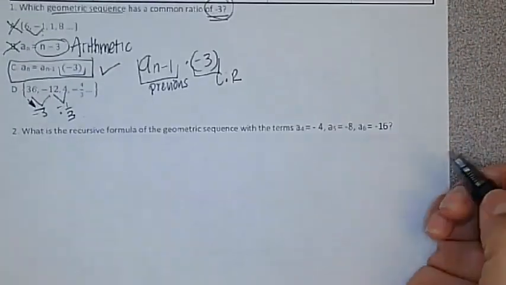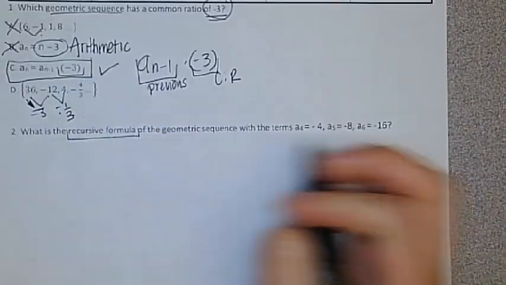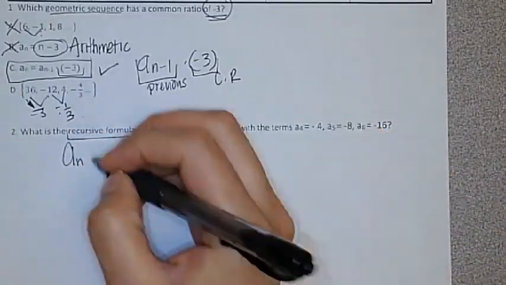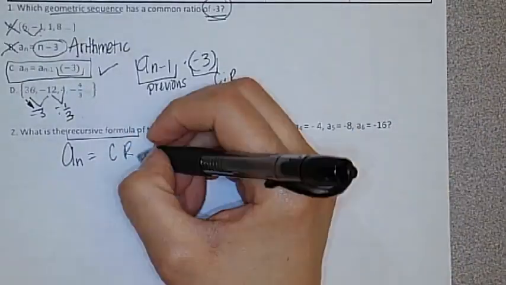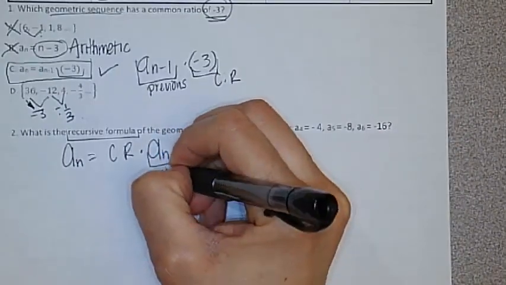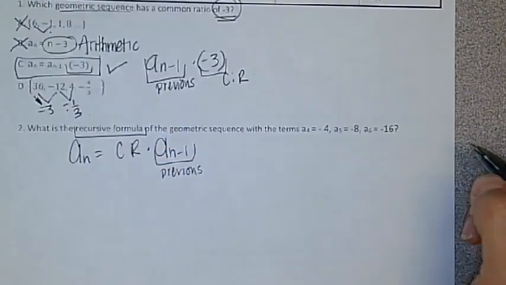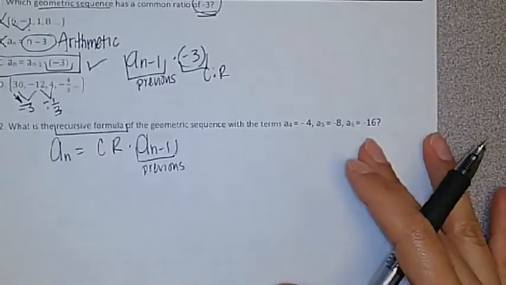For number 2, I have to give the recursive formula. So I have to do A of n equals the common ratio and then times n-1, the previous term. Okay, but here they don't give me the first term or anything.